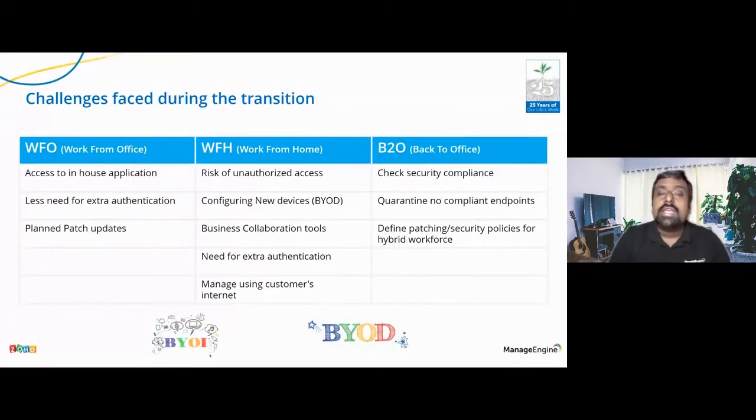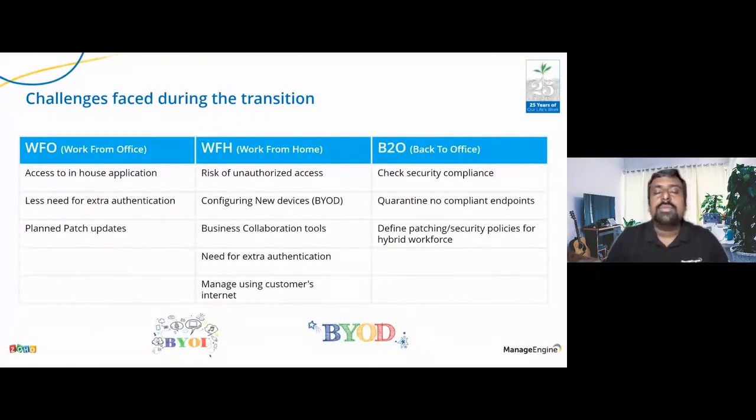And then authentication levels. When we were inside the office, just the username and password was fine, because we were inside a fortress. If you have them authenticated, and it's an authenticated device, then you get access to all the applications.